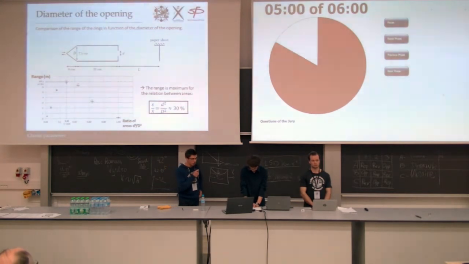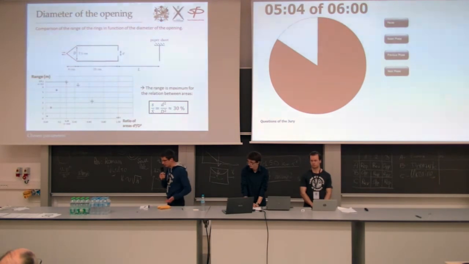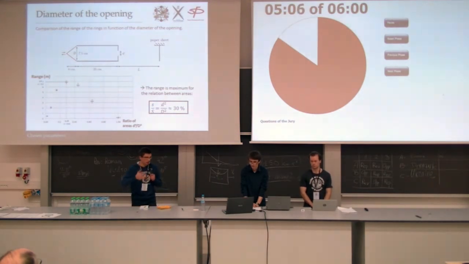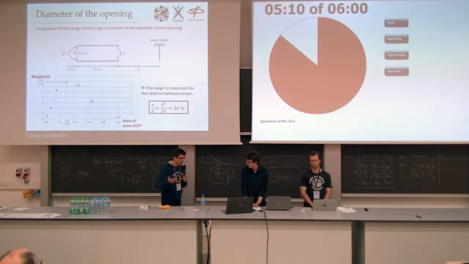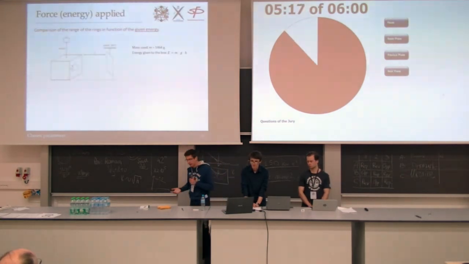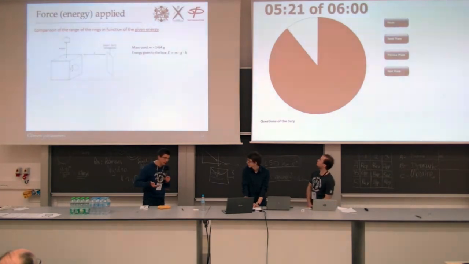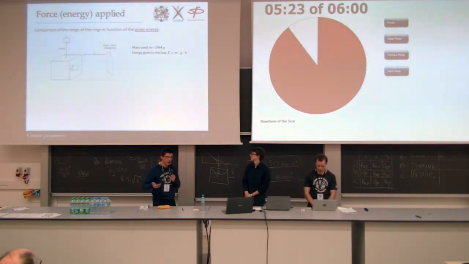Doing more than one experiment at the same time was a bit difficult. As I said, I hit the box and I measured the range thanks to the sheet of paper. Concerning the shape of the box, I used this shape and this kind of shape. And as I said, if I had had more time, it would have been very interesting to study the influence of the shape.